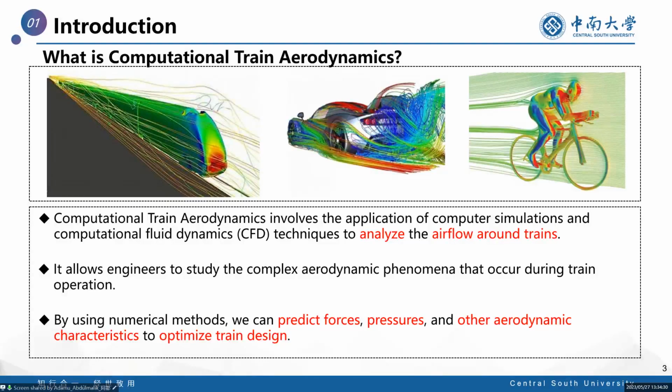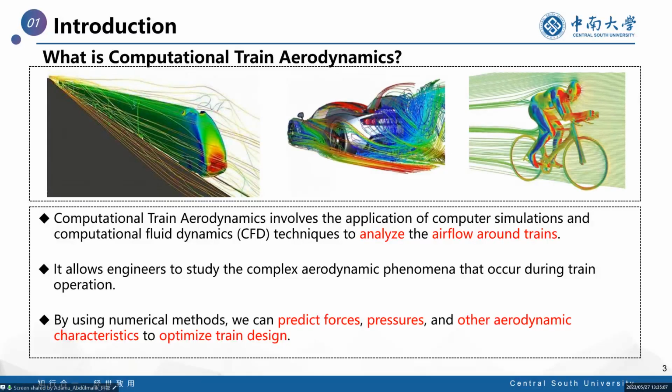So train aerodynamics is a study of the aerodynamic behavior of a train when it's moving in an open air or in an enclosed surface. This can be tunnels or any other enclosed surfaces. Okay, so computational train aerodynamics involves the application of computer simulation and computational fluid dynamics techniques to analyze the airflow around trains.